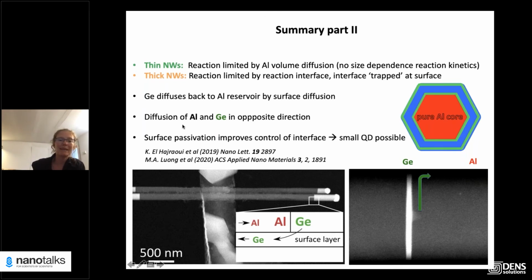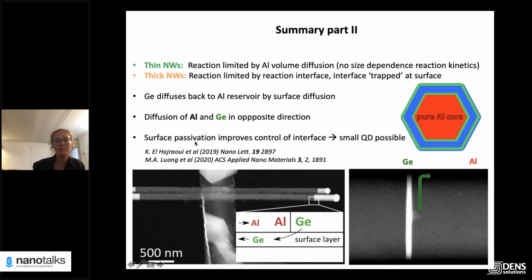We see that aluminium and germanium diffuse in opposite directions, and germanium is diffusing back to the aluminium reservoir, likely by surface diffusion. So we think that here you have the interface, aluminium is coming in through the volume, and then germanium is going into the surface channel where it was detected by EDX, and going back into the aluminium reservoir where we have also detected it by EDX, but I did not show you these data.